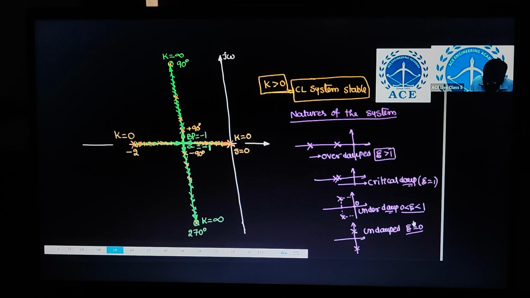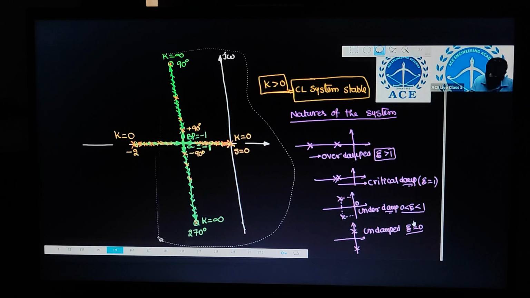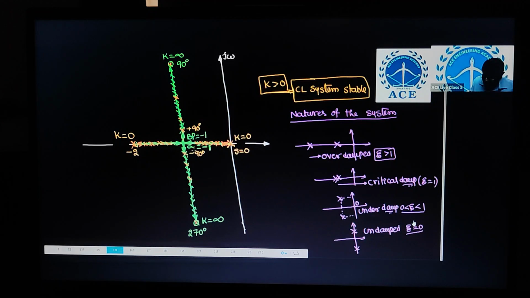Very good. Still increase, still overdamped, still overdamped, up to this point, this total range is over. One minute, I will copy this because I need this diagram. So up to here it is overdamped, so theta is greater than 1.